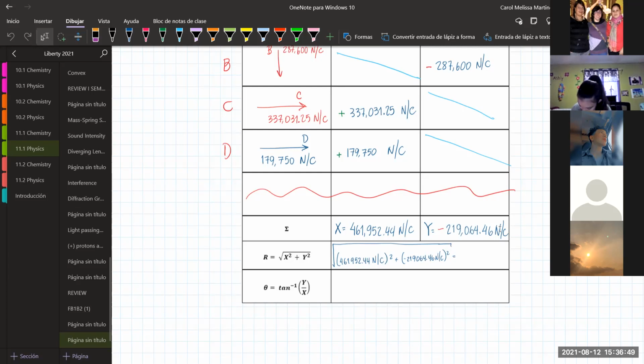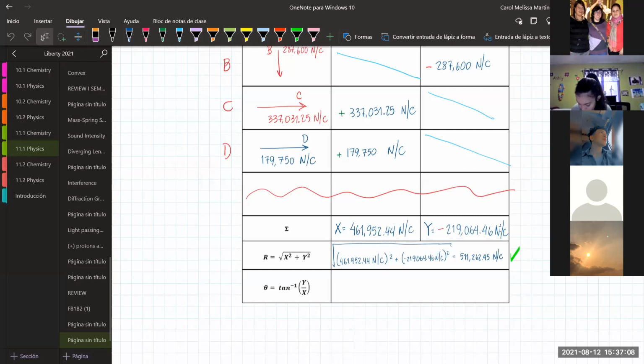How much did you get? 511,262.45. This value is greater than x and also greater than y, so at least it makes sense.